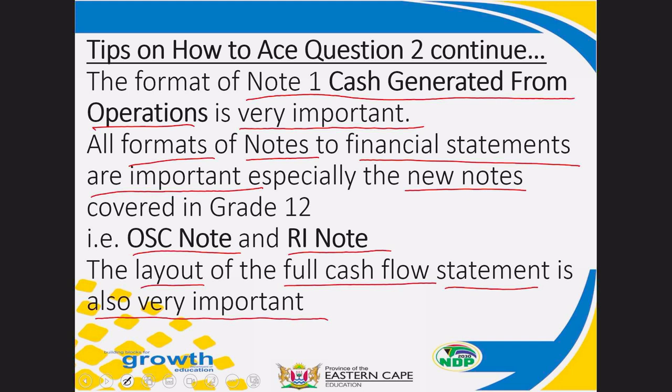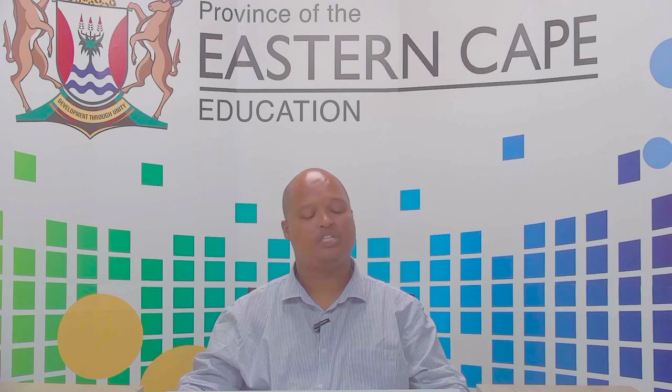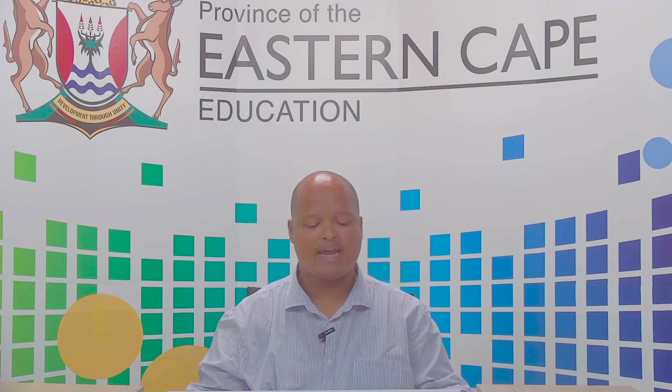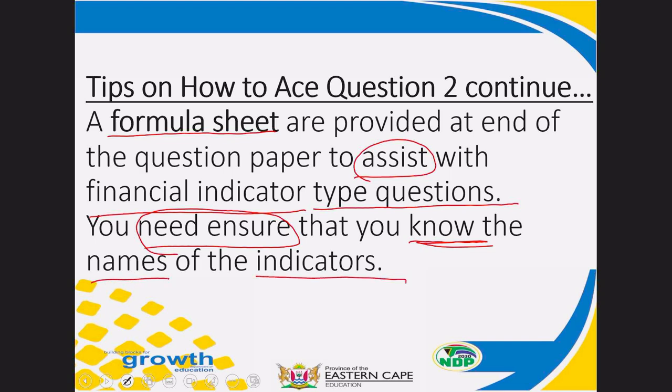Again, another tip, there's always going to be a formula sheet for you at the end of the question paper. You are provided the formula sheet, right, at the end of the question paper to assist you with financial indicator type questions, right? You need to ensure, grade 12s, that you know the names of these indicators.